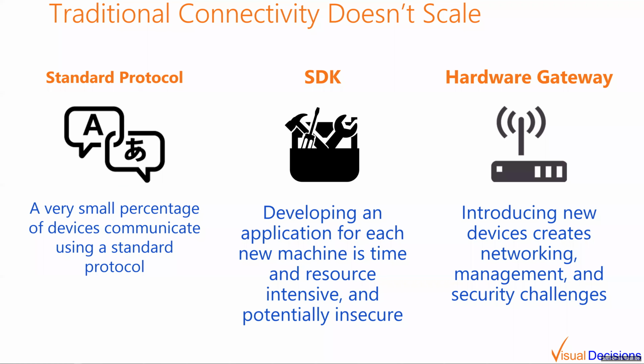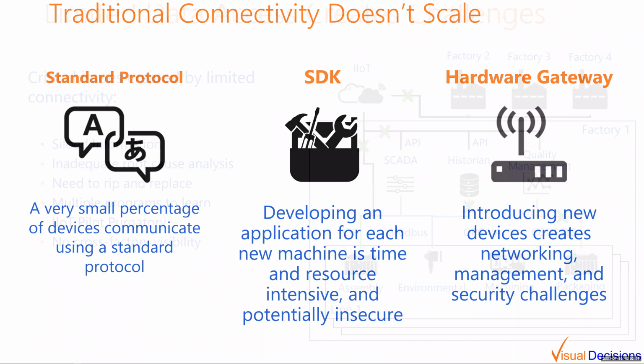So traditional connectivity doesn't scale. Back in the dark days before Kepware existed, everything was a point-to-point connection, and you had to write your own drivers. You had to establish connections from one device to the other device and so forth. And whether that was done just through a standard protocol or a software development kit or a hardware gateway, it made things very difficult.